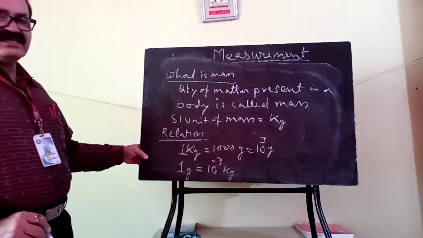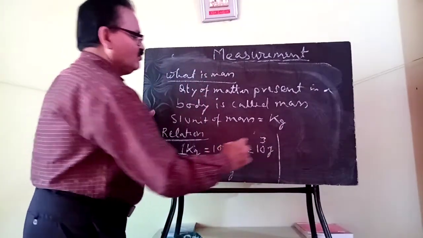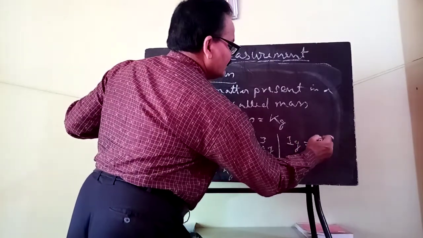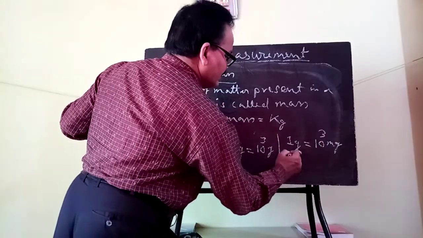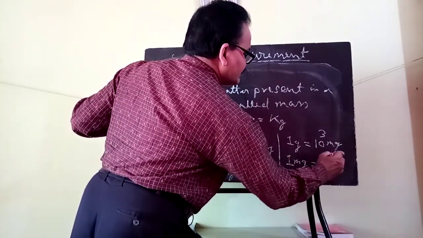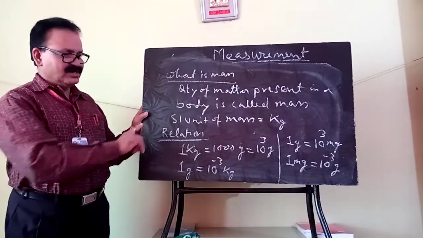This is also another relation. Similarly, 1 gram equals 10 to the power 3 milligram, and 1 milligram equals 10 to the power minus 3 gram. Okay, you got the relation of your mass.